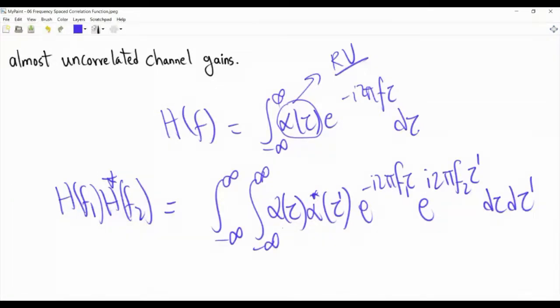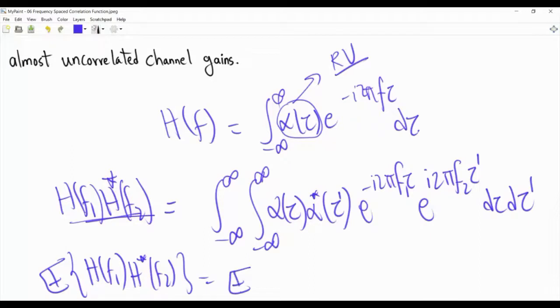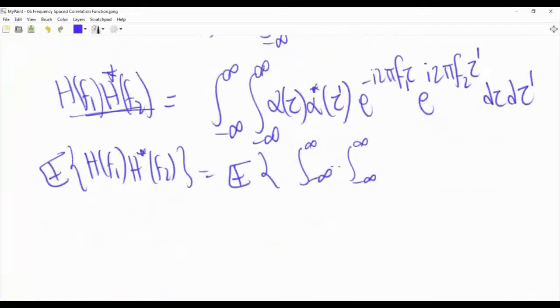And this alpha is ever changing, so we model it as a random variable, and our focus will not be just this, it will be the expectation of h of f1 times h conjugate of f2, which is the expectation of the double integral. And we assume that we can interchange the order of expectation and integration, which is not always valid.